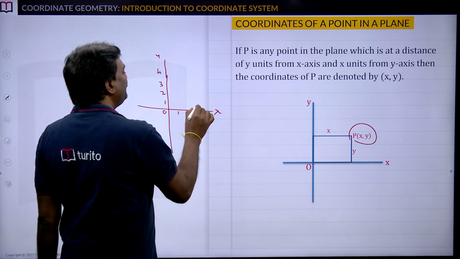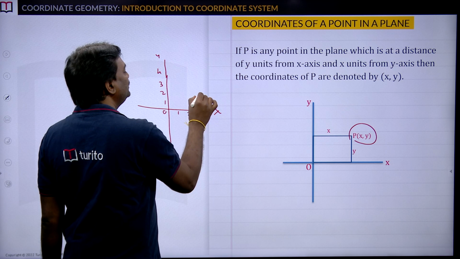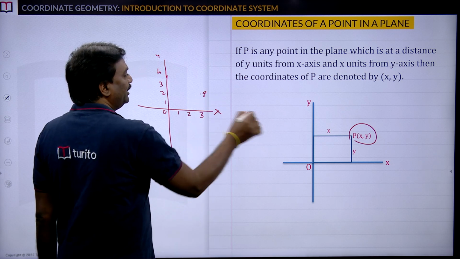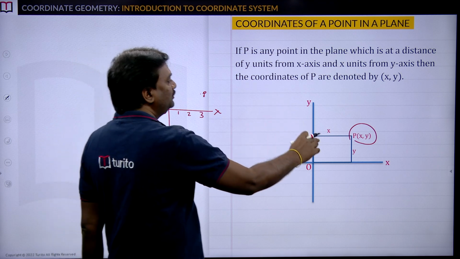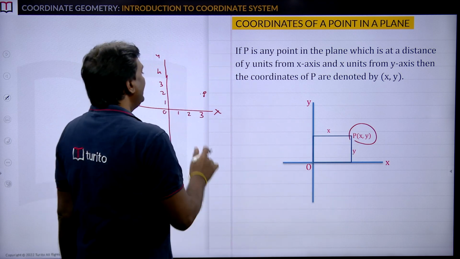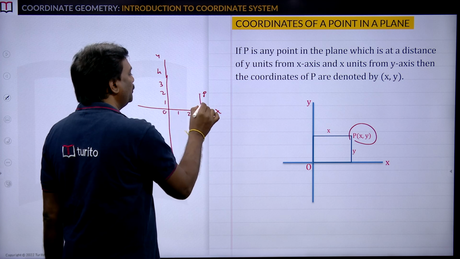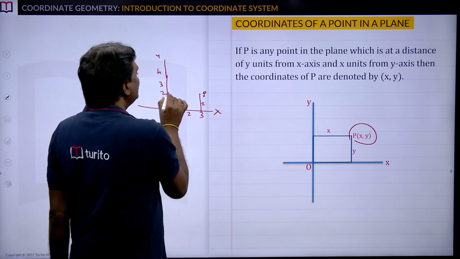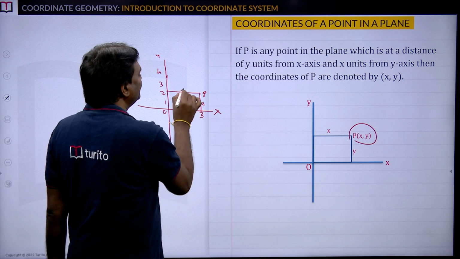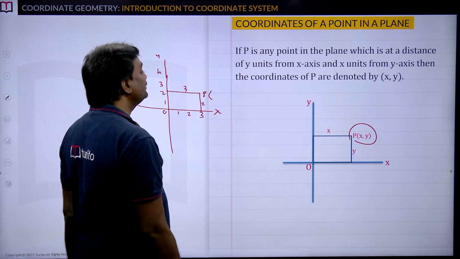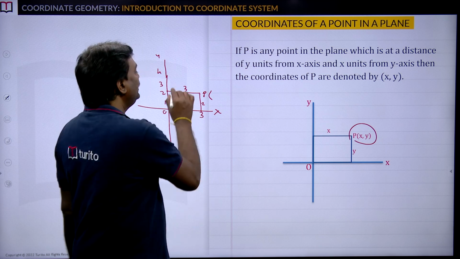If P is a point on the plane, here the distance from the x-axis to P is 2 units and the distance from the y-axis to P is 3 units. Now we can take the coordinates of P as 3 comma 2.